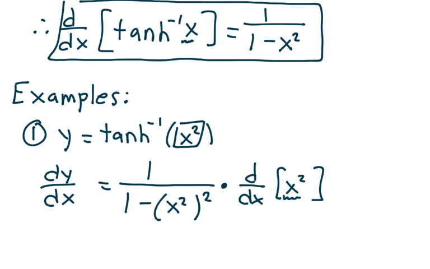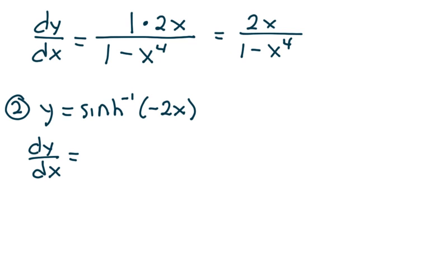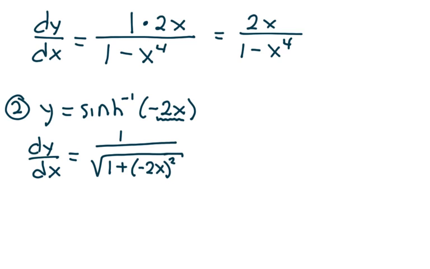So let's go back here. I'm going to take 1 over the square root of 1 plus, so again, instead of an x, it's negative 2x. So I'm going to write negative 2x to the second power, but then I'm going to multiply by the derivative of negative 2x.